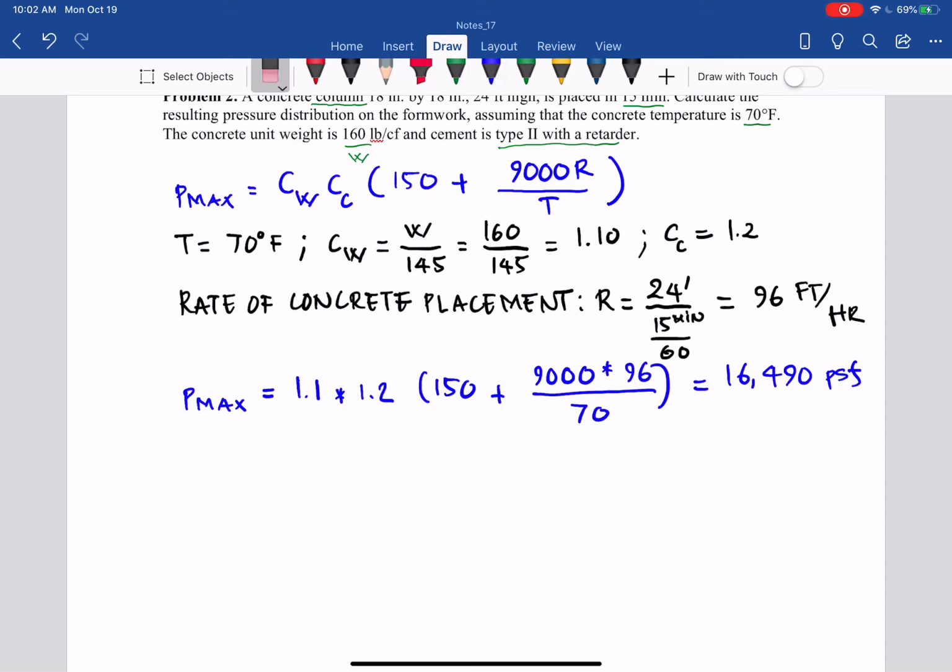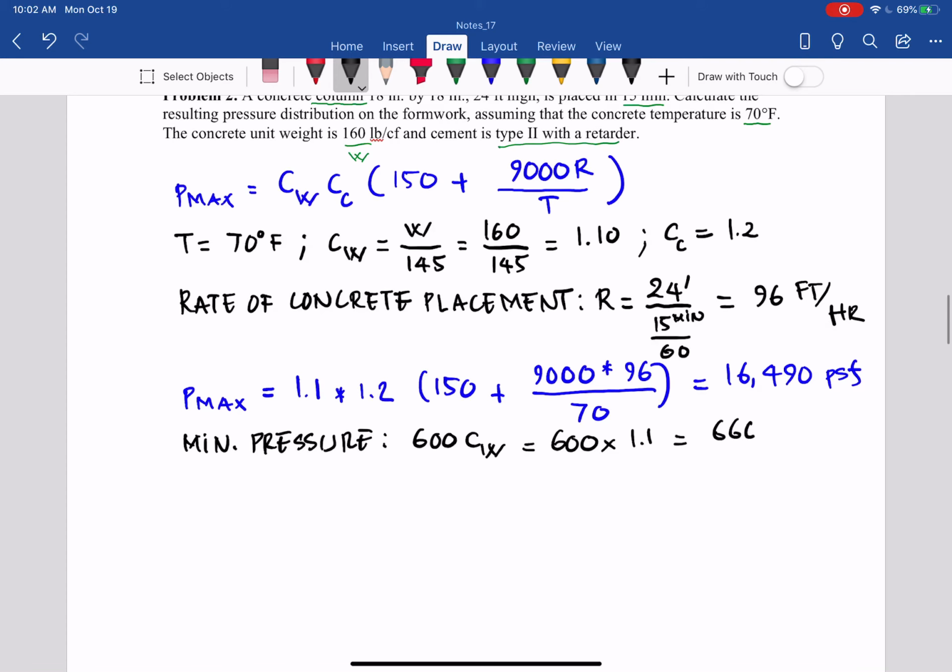The minimum pressure: Pmax has to be greater than the minimum pressure, 600 times C_W, that is 600 times 1.1, so you have 660 pounds per square foot. Perfect. So 16,490 is greater than 660.